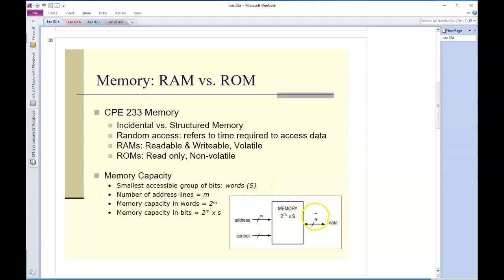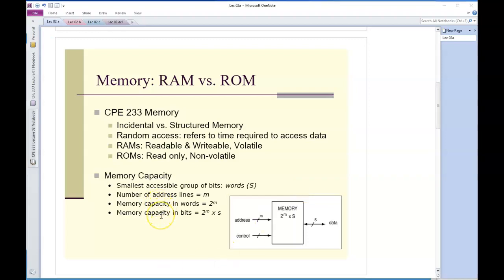The data that goes in and out of these is referred to as words. Word doesn't really have a solid meaning such as byte. A word can be anything. When you hear a word, you have to have whoever's using it define it. One of the things we're interested in is the capacity, typically in bits and bytes.